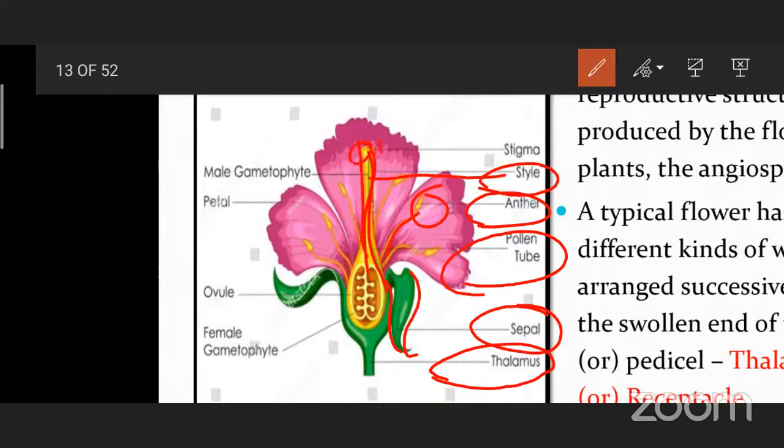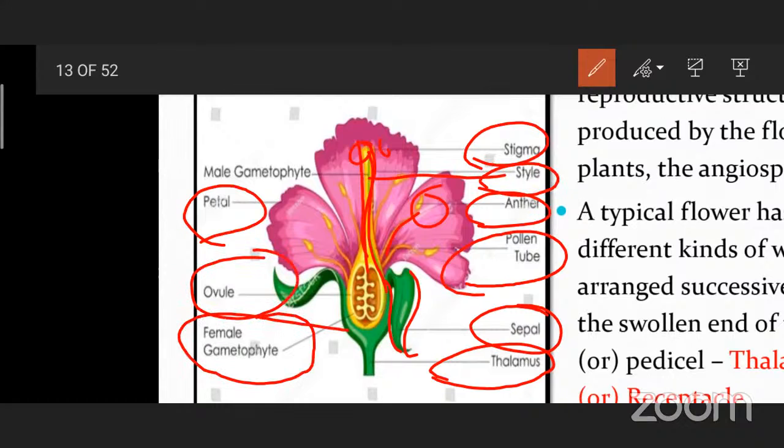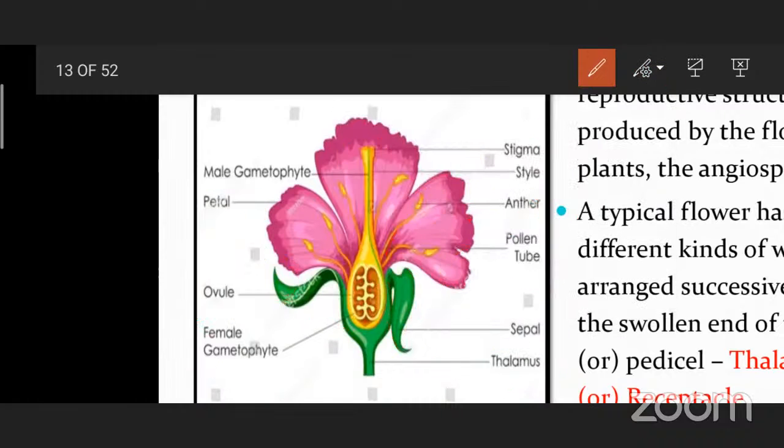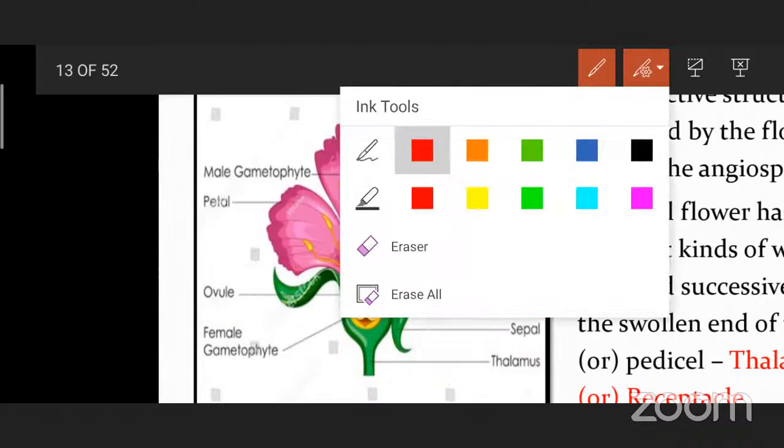And stigma, which is sticky in nature. And beautiful colored petals. And inside the ovary there is ovule. This is the female gametophyte. Hibiscus rosa-sinensis is a bisexual flower.